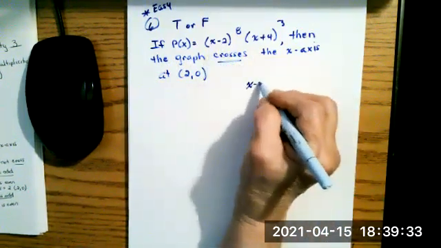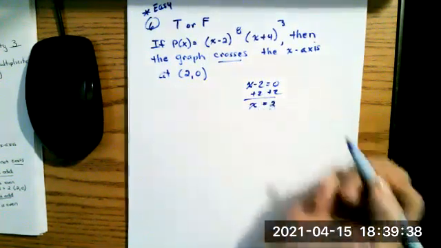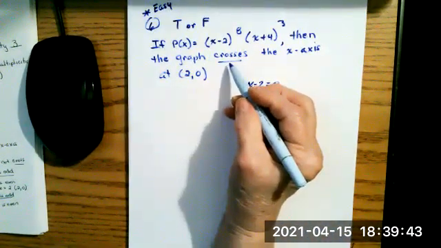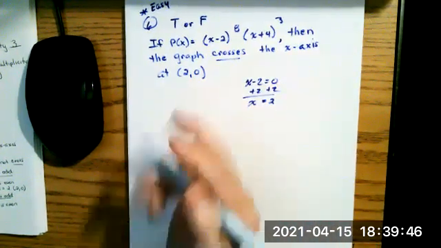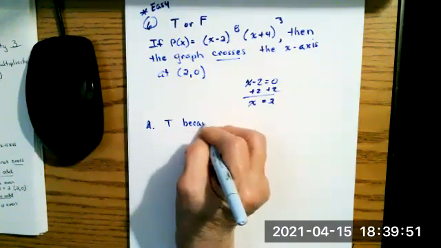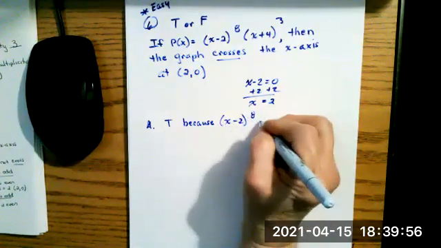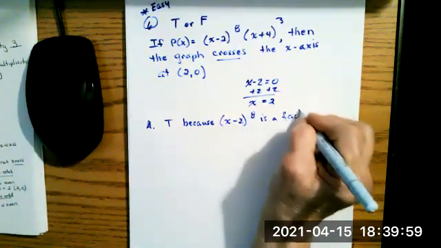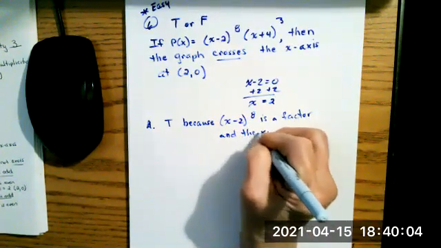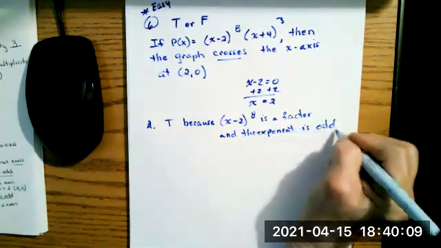If I do X minus 2 equal to 0, I get X equals 2. So 2 is a 0, but does it cross at 2 or does it just touch it at 2? These are your choices. You have true because X minus 2 to the 8th power is a factor and the exponent is odd.